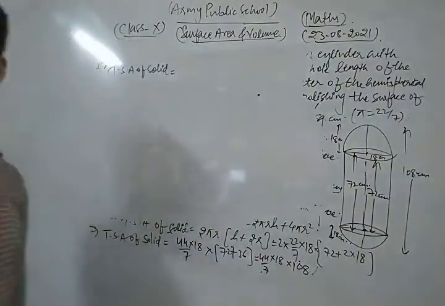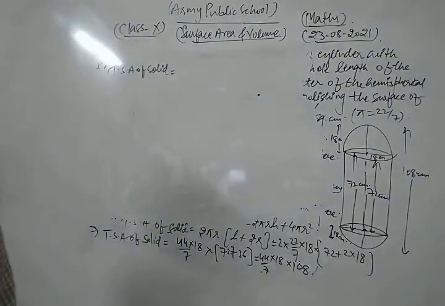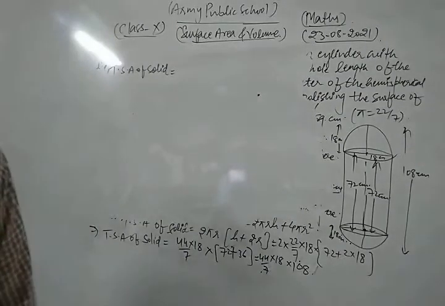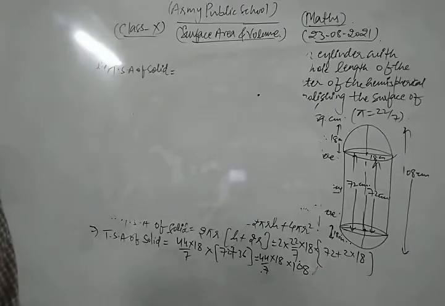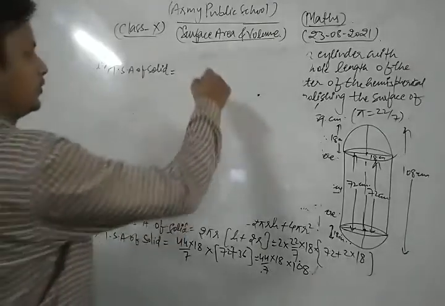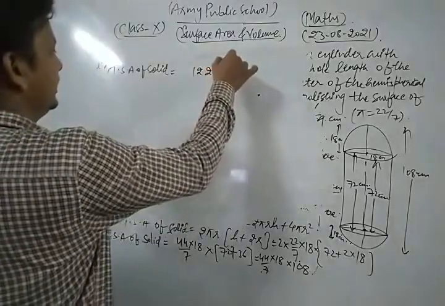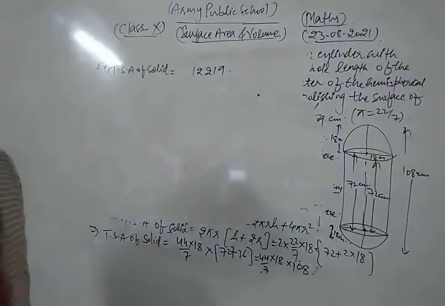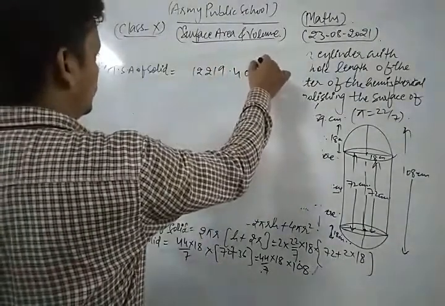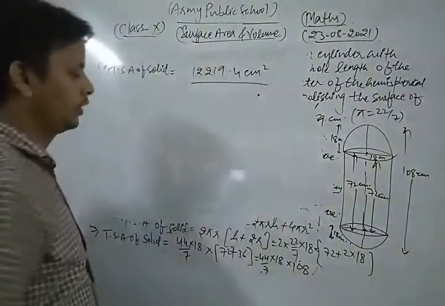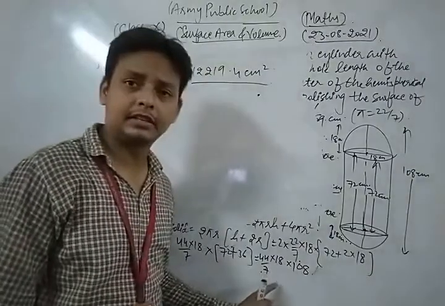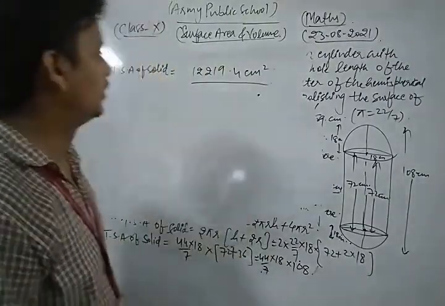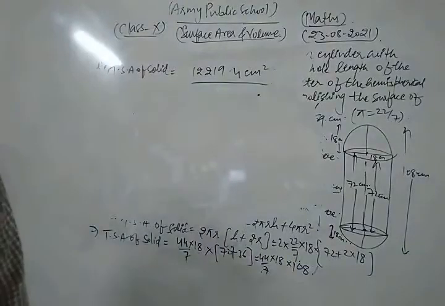After we simplify them, we get 12,219.42 centimeter square. This is the value after simplifying: first you multiply them and divide by 7, then you get 12,219.4 or so centimeter square.